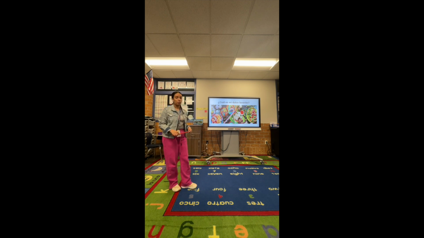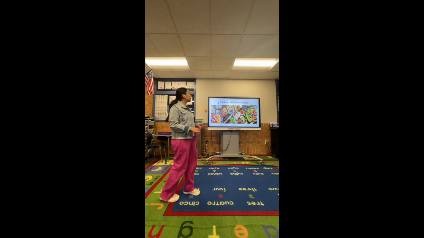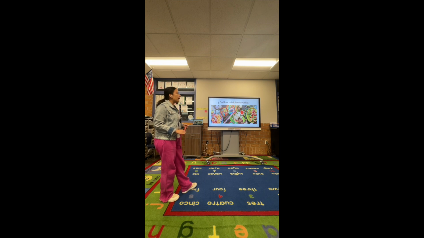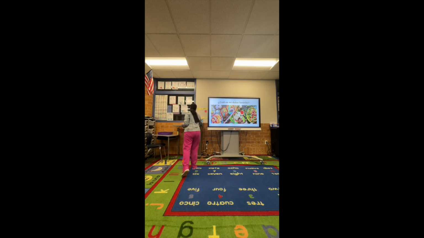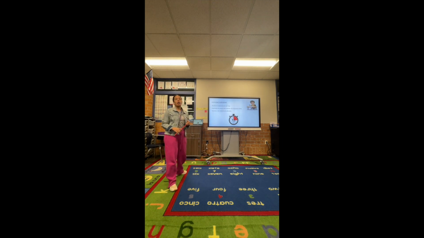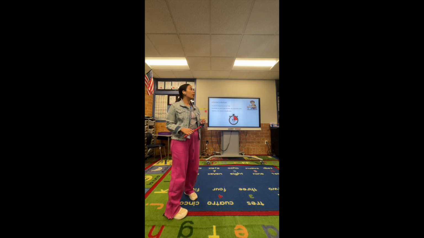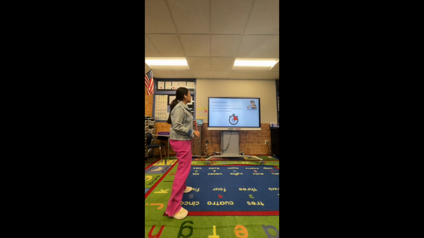After this example, I projected again the previous picture, but this time I asked, ¿cuál es mi dulce favorito? So this question is for the next activity, that is the individual activity.